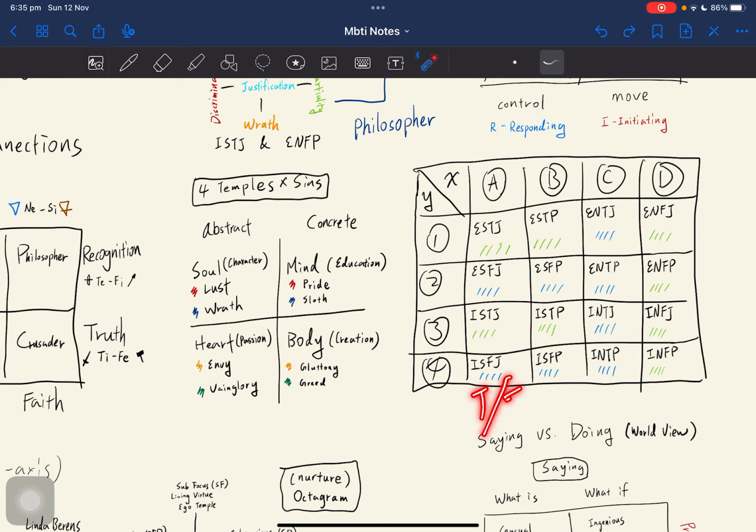So the third letter is either T or F. So T, F, T, F, like that.